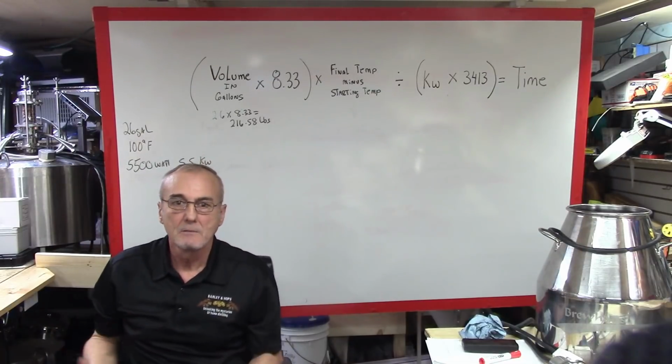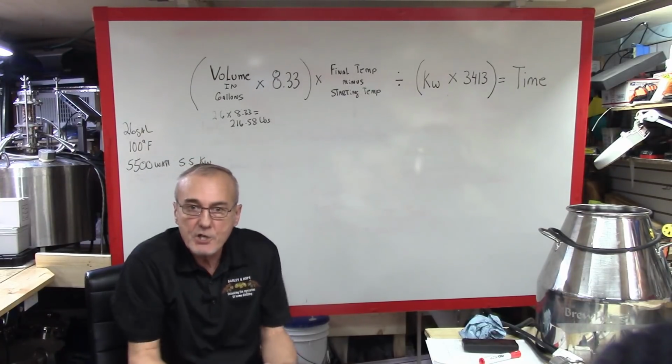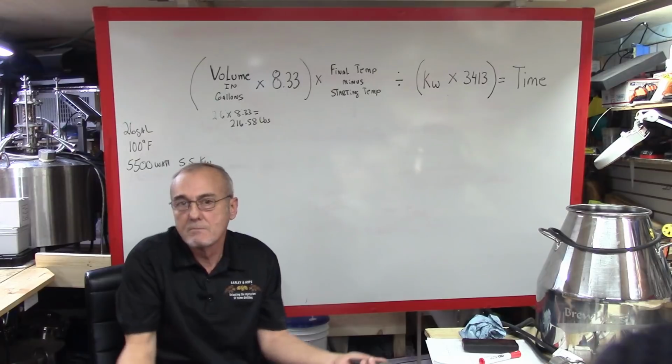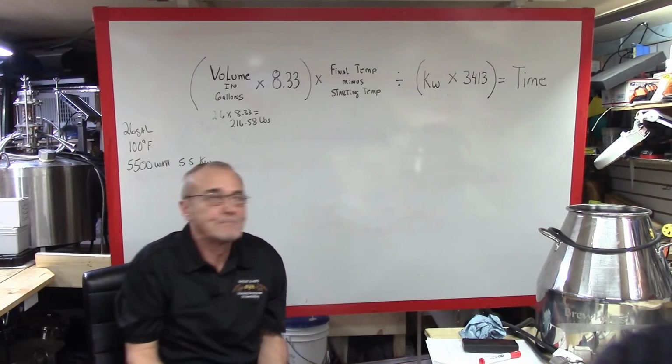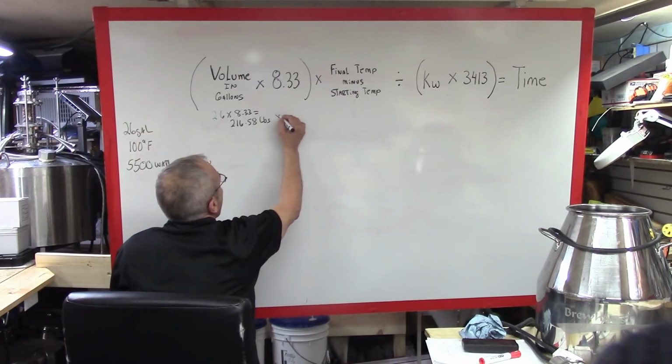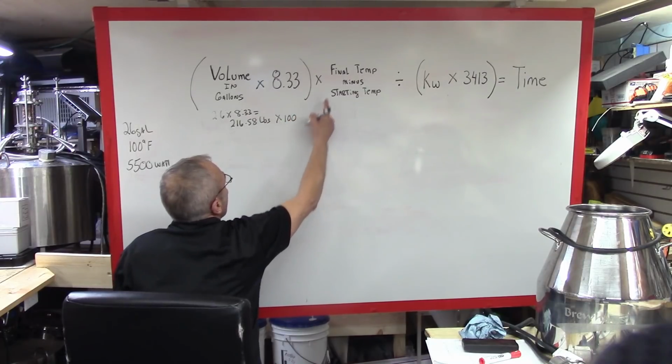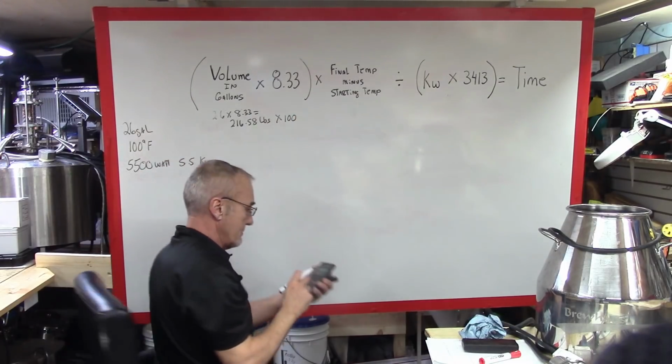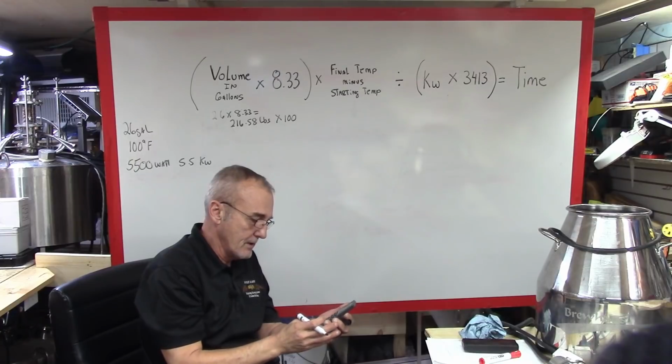That's how much my still is going to weigh now, additionally from its tare weight. We multiply that by 100, which is our temperature difference.